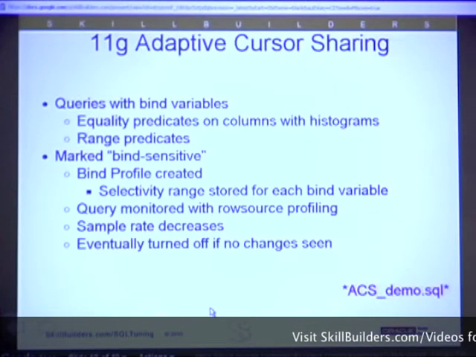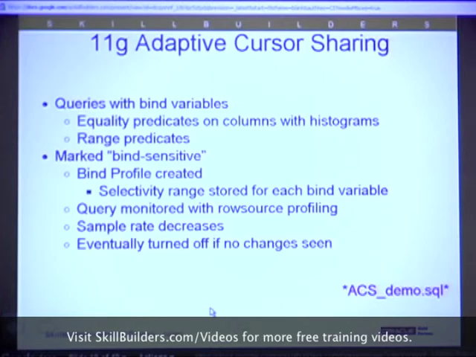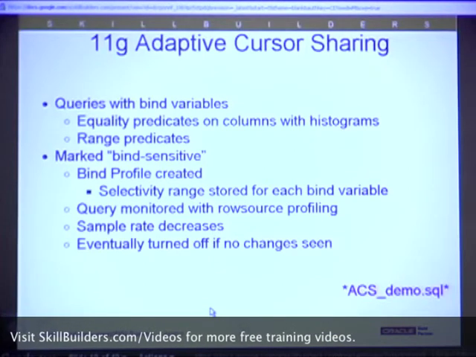So the second new feature that feedback-based optimization gives us is adaptive cursor sharing. A query that contains a bind variable, either used in a range predicate or used in an equality predicate if there's a histogram, and only if there's a histogram.